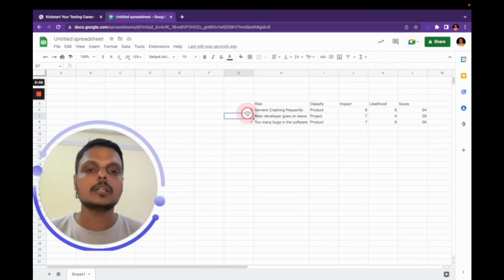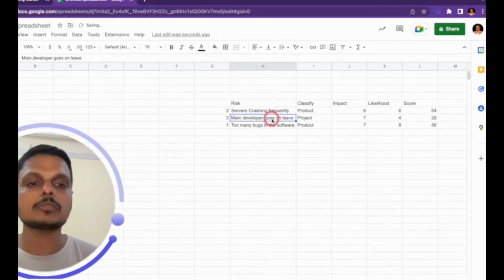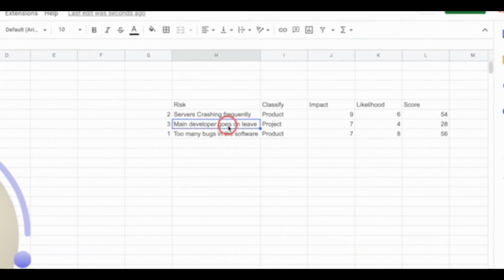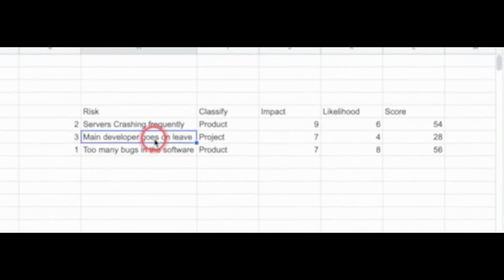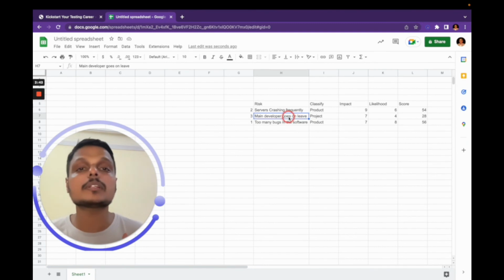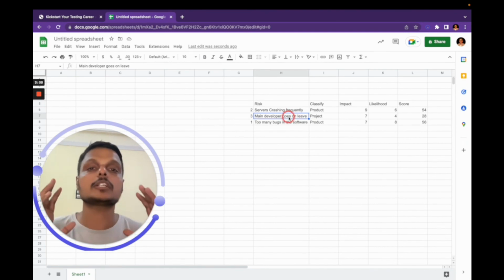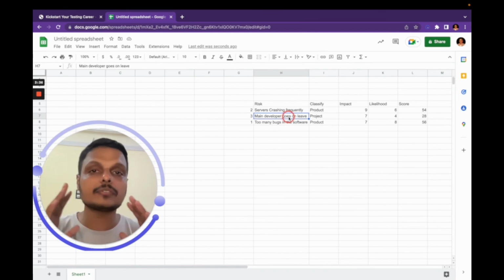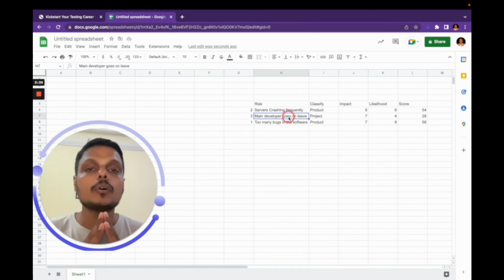And the last one can definitely be considered, because we have already discussed with the team, there is still scope. Our minimum threshold could be 10 or 12, but still this is at 28. Can we see about reducing the impact or reducing the likelihood, and see if this risk can be mitigated so that you are in a safe zone and you can focus on the project deliverables to the best that you can.